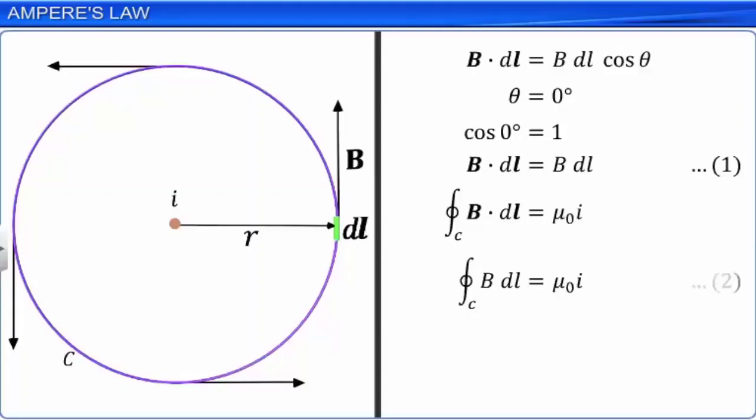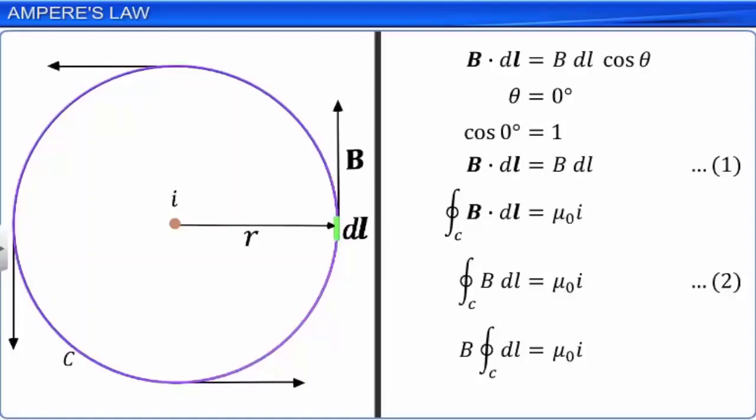Since the perpendicular distance r from the conductor to the periphery of the Amperian loop is constant, the magnetic induction B at every point on the boundary of the Amperian loop is constant. Then, equation 2 can be written as B into integral over the closed curve C, dl is equal to mu naught I. Let this be equation 3.